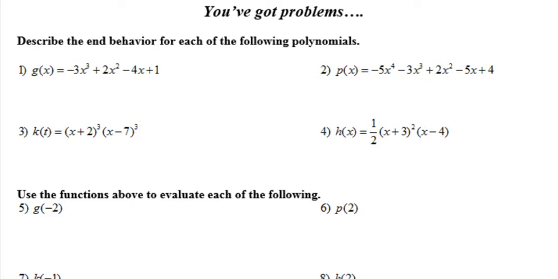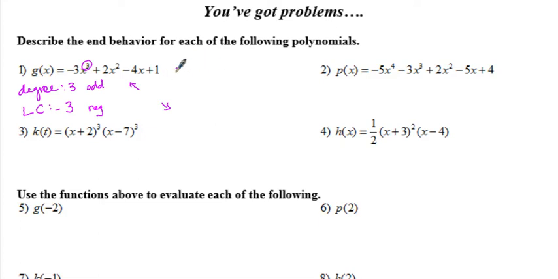Let's talk about end behavior, just based on the leading coefficient and the degree of the polynomial. The degree of this is 3, the highest degree, 3. The leading coefficient of that x to the 3 term is -3. I have an odd degree and a negative leading coefficient. So I know that this is acting like a falling line, a negative slope line.